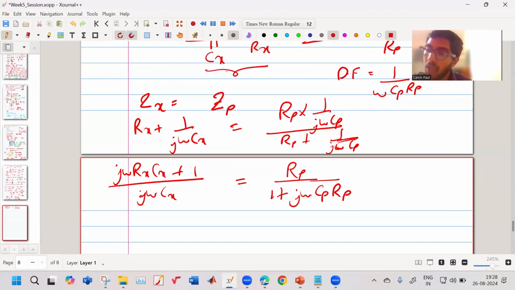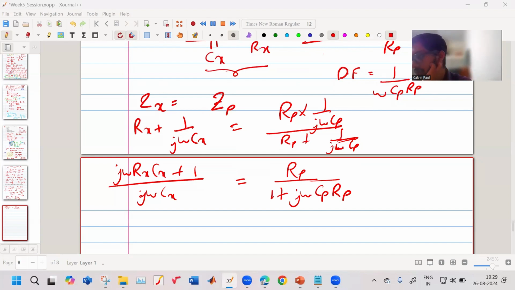So now, what should I do? Let us assume I leave it as this formula, that is Rx plus 1 upon j omega Cx.